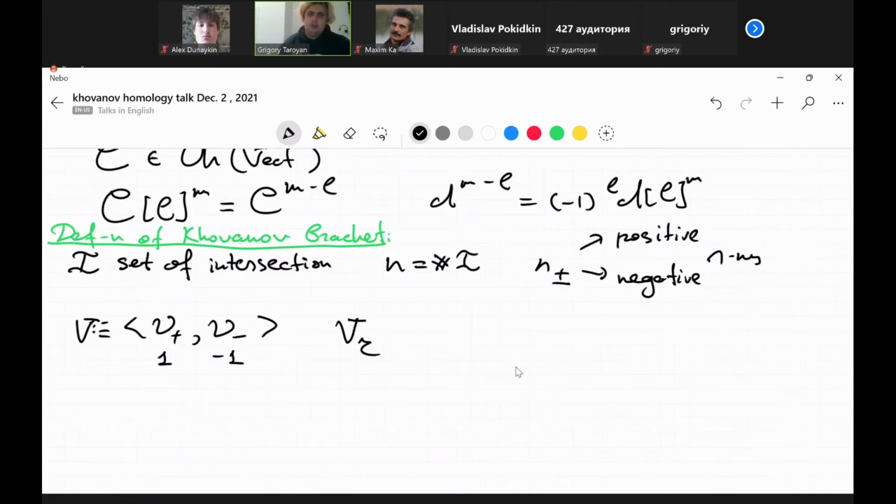So V_iota is just a tensor product of k_iota, the number of circles in resolution iota, copies of V, shifted by the height of iota. The height of iota as above is just the sum of the coordinates of iota.